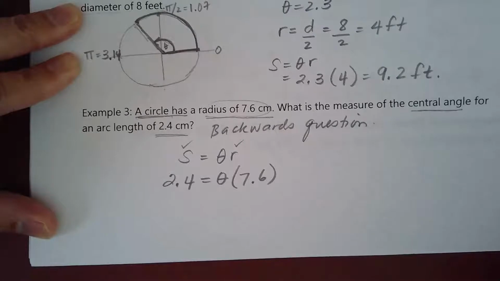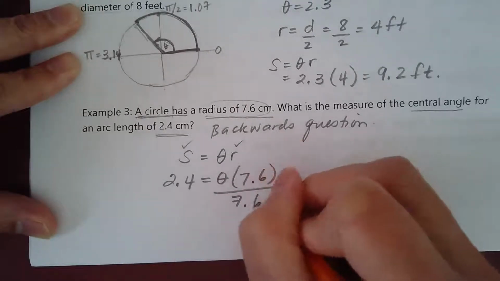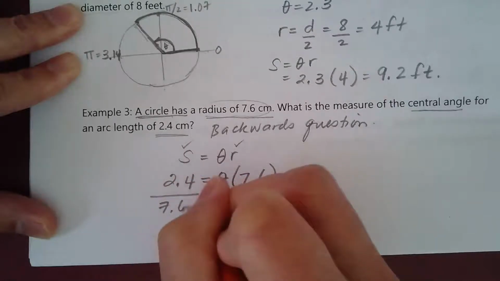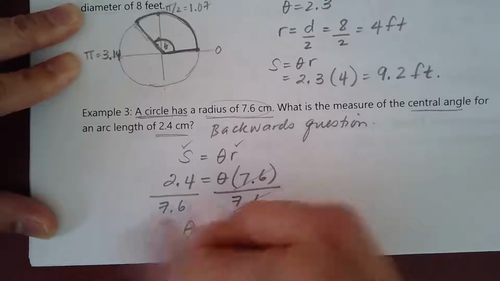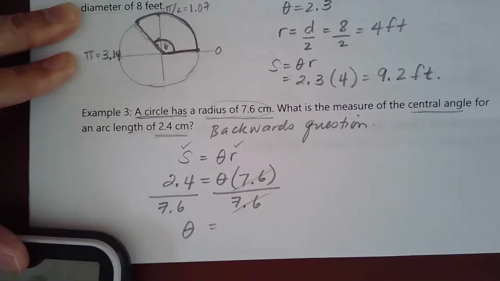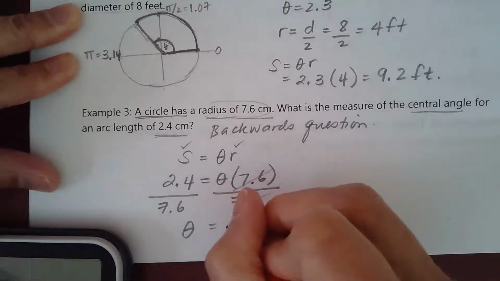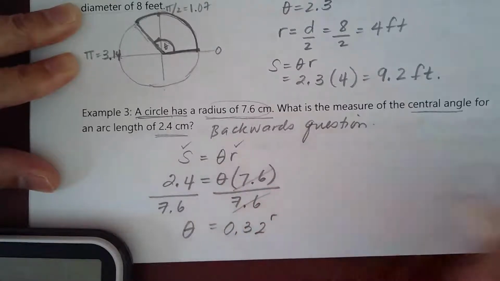Okay, so to solve for theta, divide both sides by 7.6. 7.6 cancels. So theta is equal to 2.4 divided by 7.6, which is approximately 0.32 radians.